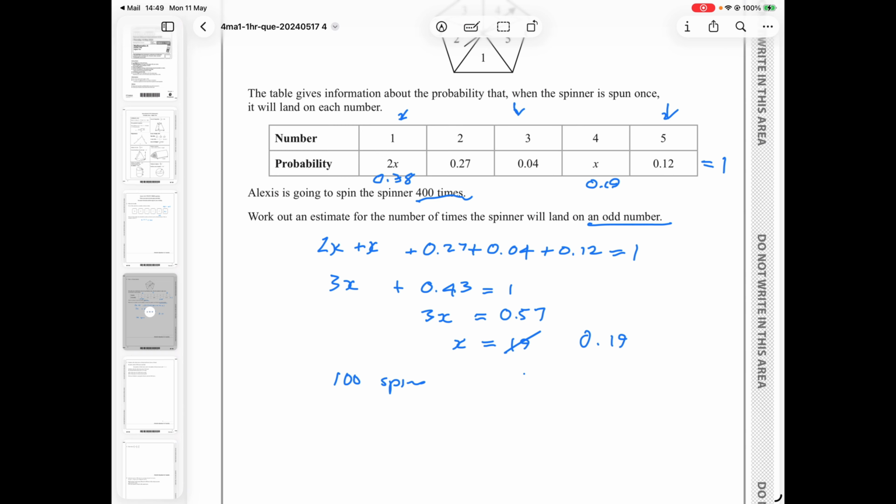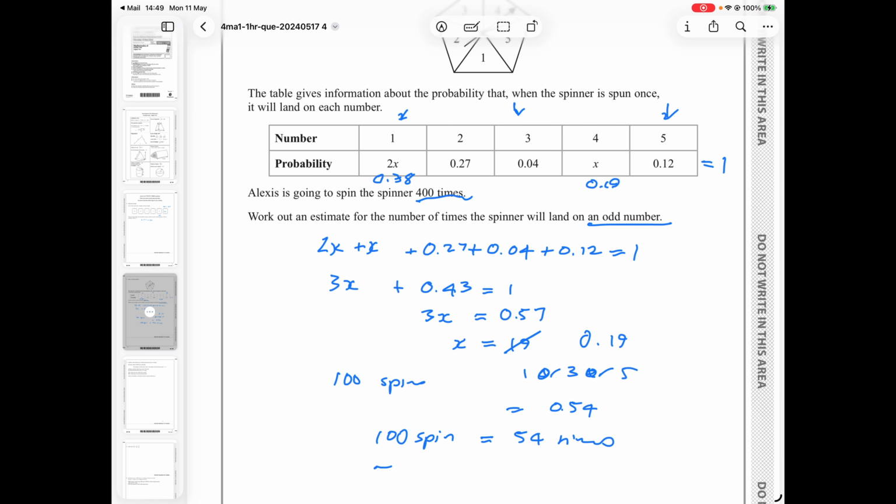So add them up. So the chance of 1, 3, or 5 equals 0.38 plus 0.42, which is 0.54, if we add them all up. So that means for 100 spins, you'd expect it to land on an odd number 54 times.